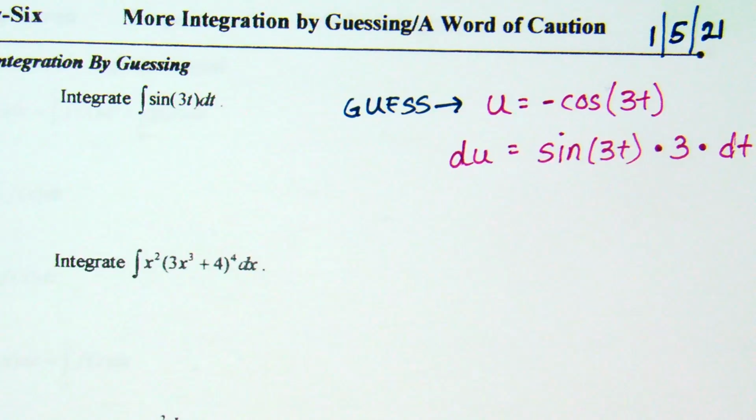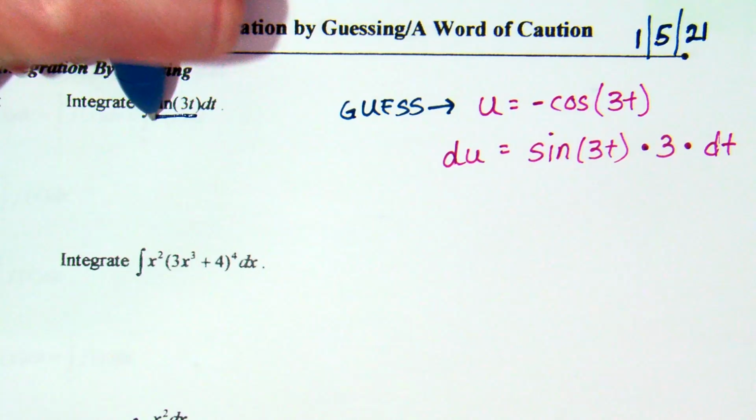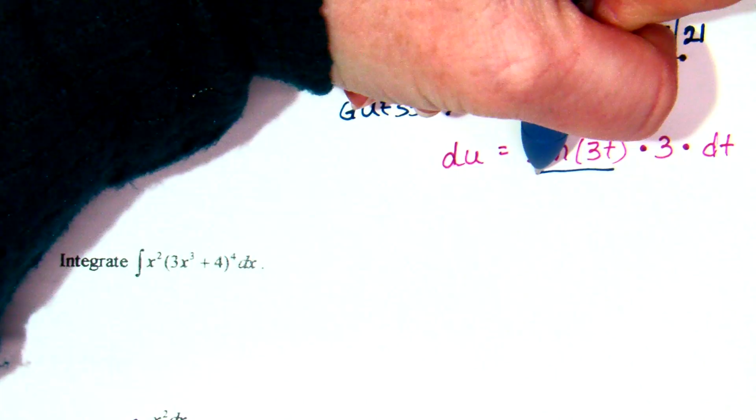Now, the question is, does our guess match up with the original problem? So notice, in the original problem, we have a sine 3t. In the response to my guess, I have a sine 3t. In my original problem, I have a dt. In the response to my guess, I have a dt.